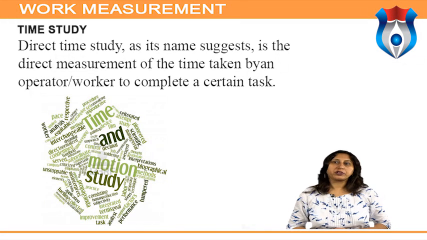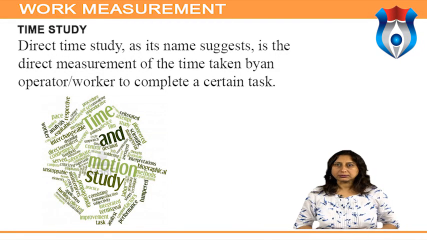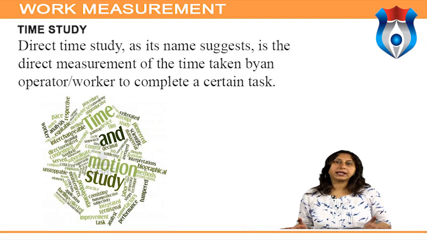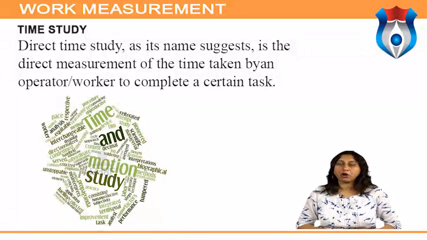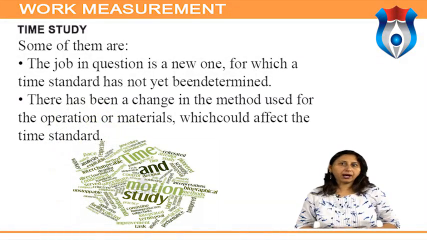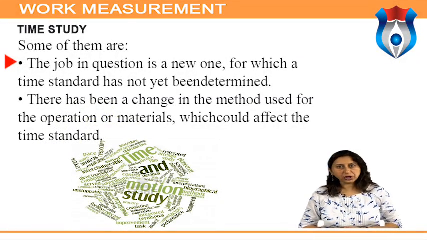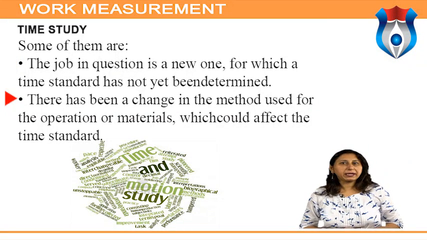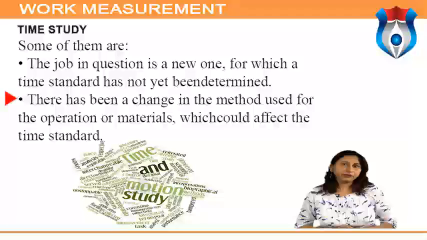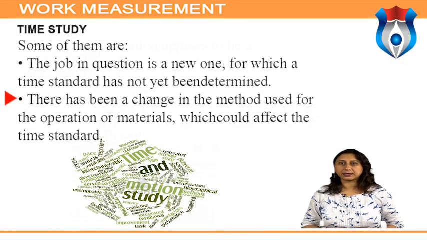Selection of the job for the time study is an important initial step. There are various reasons why a certain job or operation might need a time study performed on it. Some of them are: the job in question is a new one for which a time standard has not yet been determined. There has been a change in the method used for the operation or materials, which could affect the time standard.